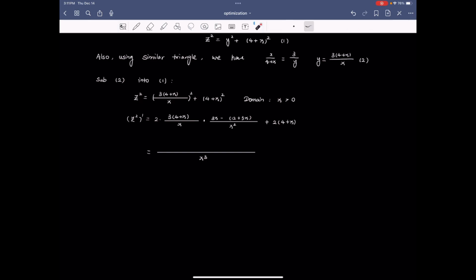So I'm trying to combine those two terms with this term together. Okay, do all of them at the same time, which equals 2 times (12 plus 3x) times (3x minus 12) times 3x plus 3x plus 2x cubed times (4 plus x).